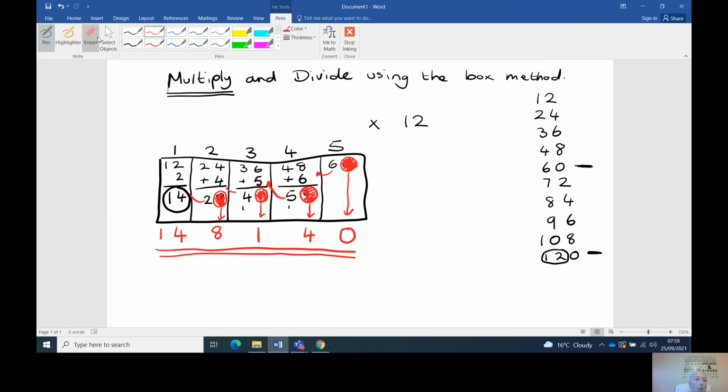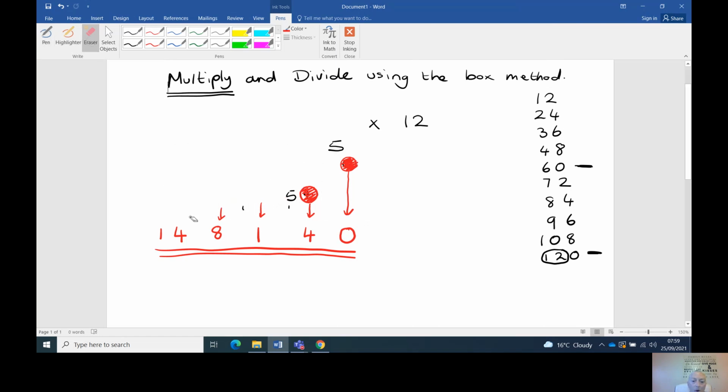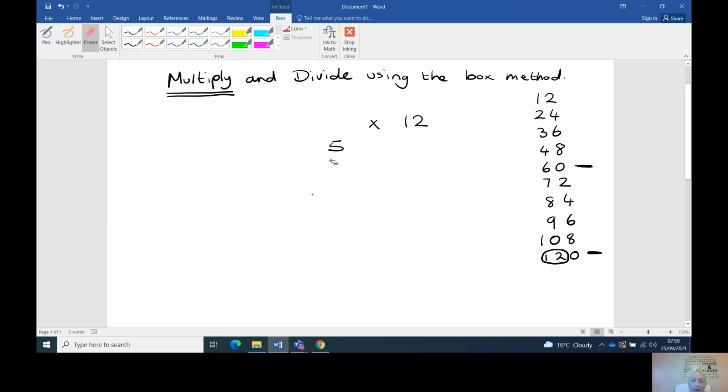Okay, so what I'm going to do is I'm going to just do one more, but I'll do it a little bit quicker. And we're just going to use easy-ish numbers at the moment, okay? So let's do 2, 4, 6, 8 times by 11.